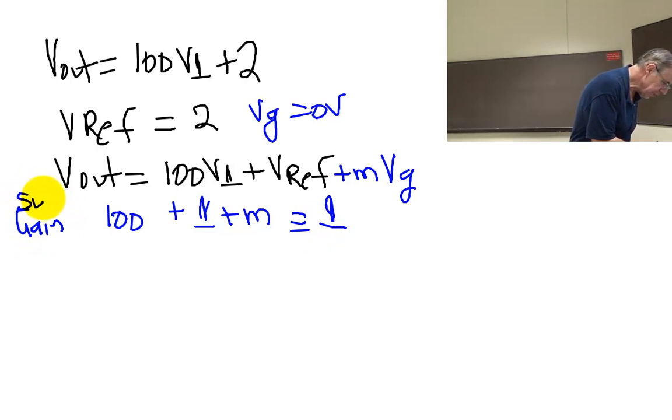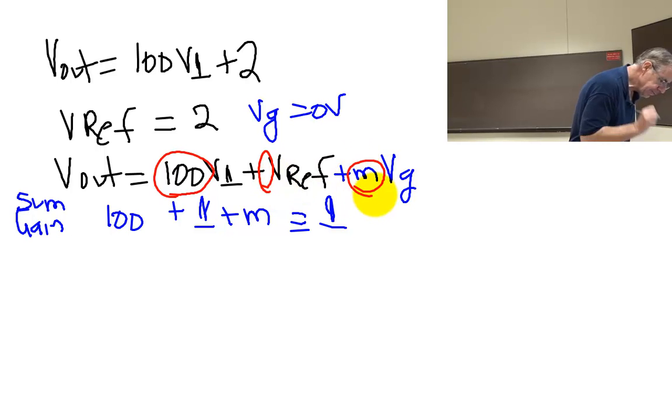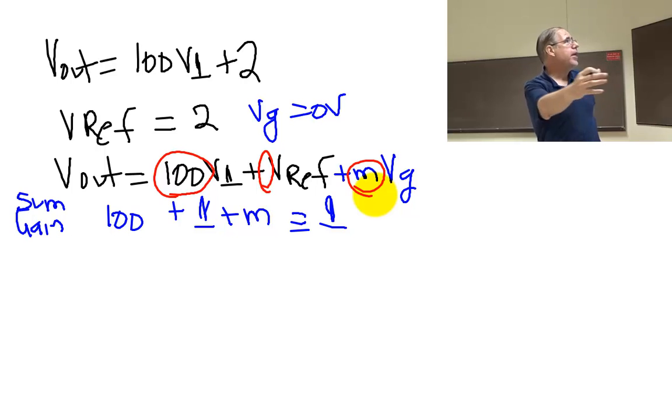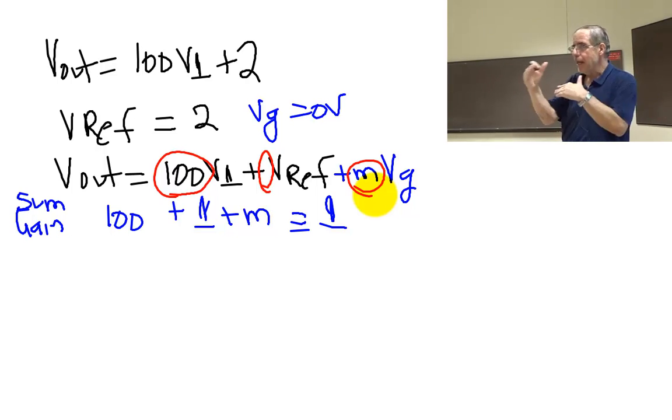I'm going to sum the gains of all of the terms. I can have more inputs, however many inputs I have: a V2, a V3, a V4. I'm going to add up all the integer gains, all the gains of each of those stages. And if I make the sum equal to 1, it's going to balance the op amp, by the way. That's how this is going to work.